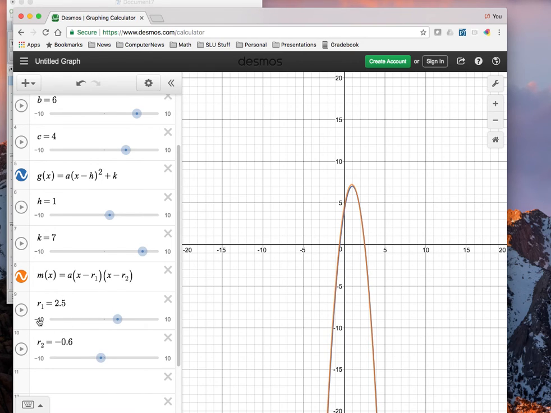If I wanted to get it more precisely, I'm going to go from minus 10 to 10 and make my step 0.001 so I can get more accuracy on it. Nope, still only getting 2.53 and minus 0.5.